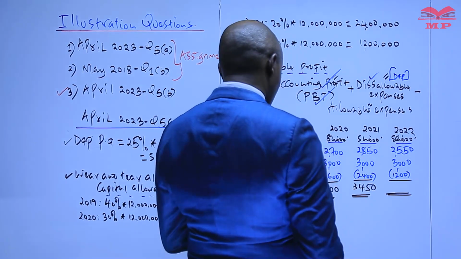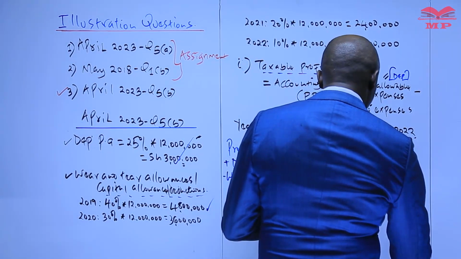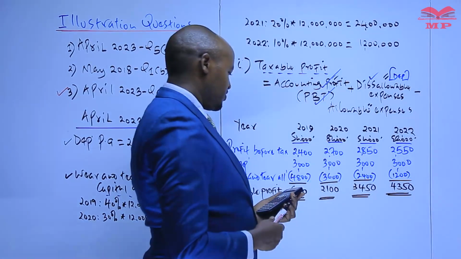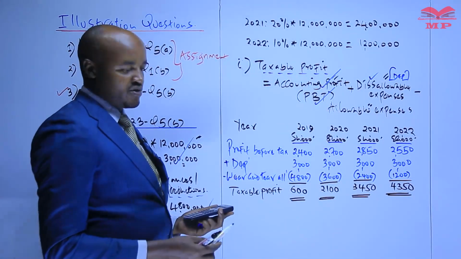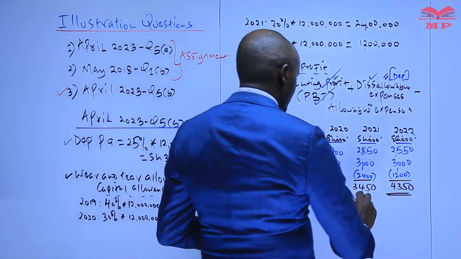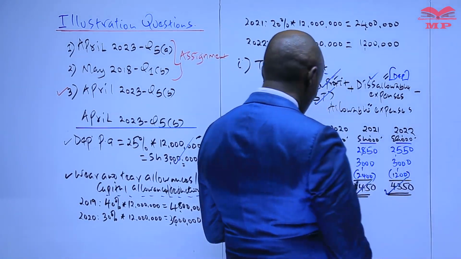So that will give us what? Will give us 4,350. So this is now what the examiner was requiring. You are required to compute that what? Taxable profit.